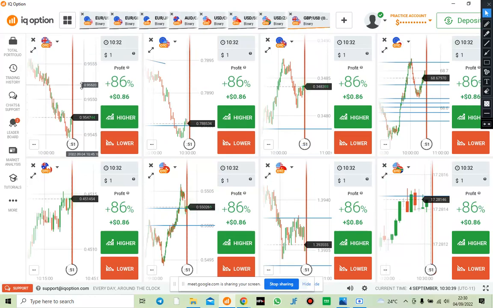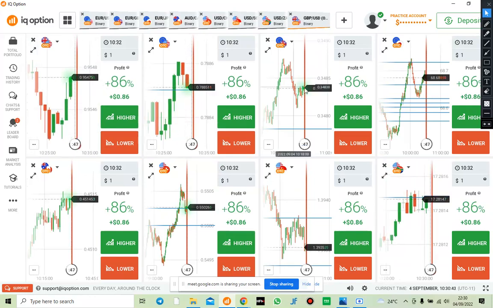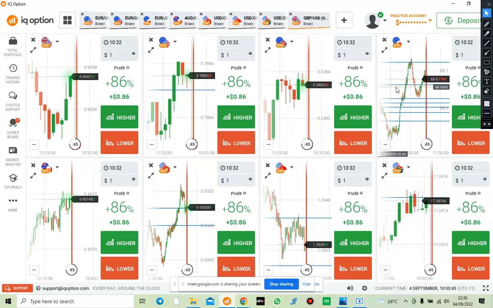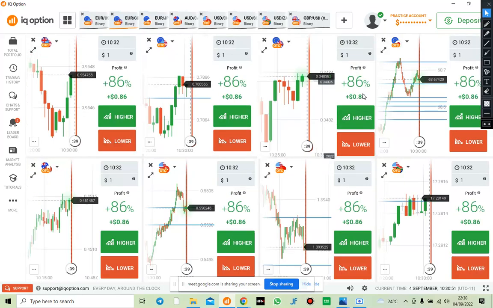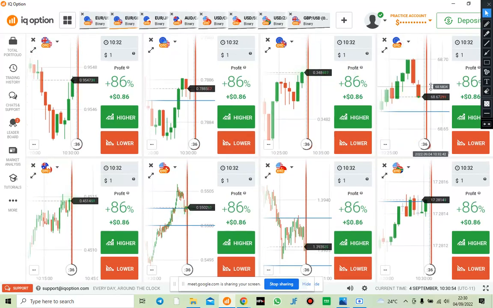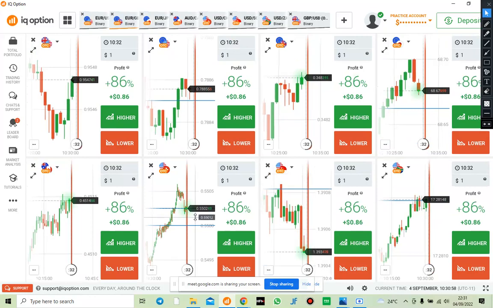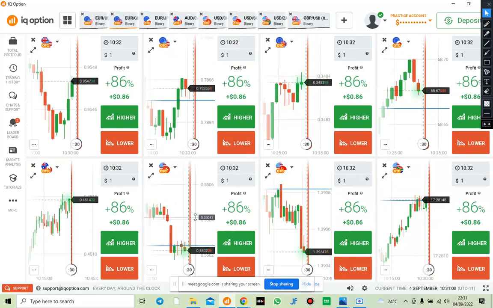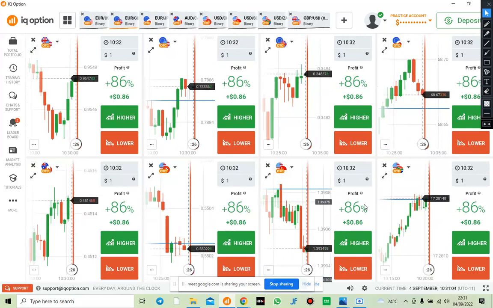Okay, let's check it out one by one. Here it seems the market is okay, it's still forming green candles.